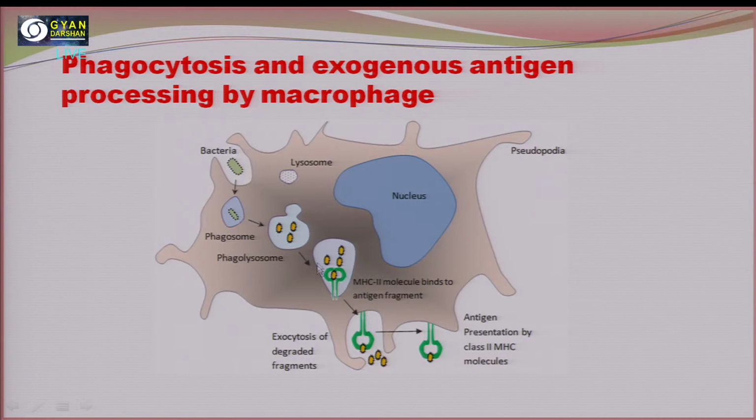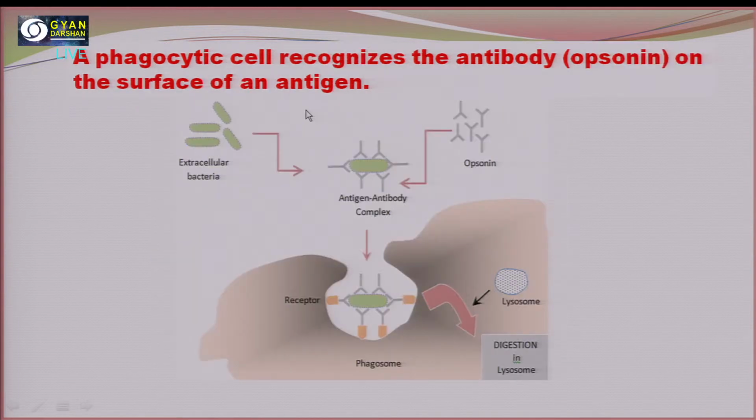You can see the various mechanisms involved, and ultimately they will display it. So after phagocytosis and exogenous antigen processing by the macrophage, there is degradation and fragments. You can see here the antigen presentation by class II MHC molecules. In this case, the MHC class II molecule presents the particular peptides or antigens. So these are very important mechanisms of the macrophages.